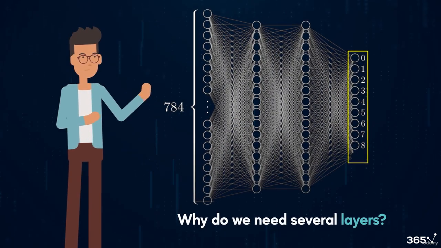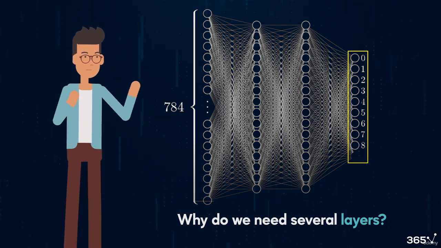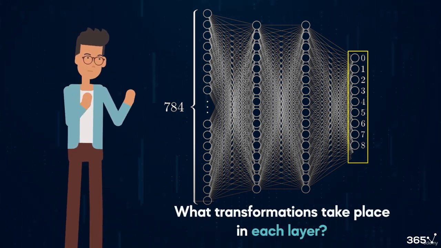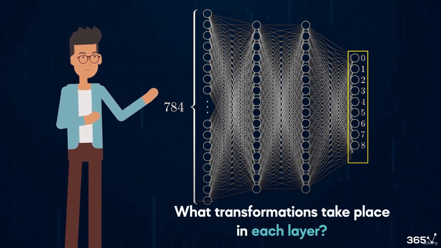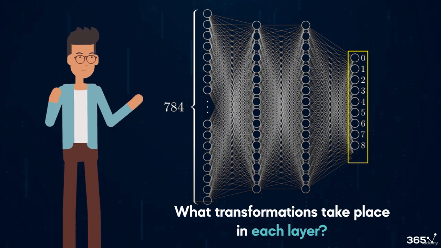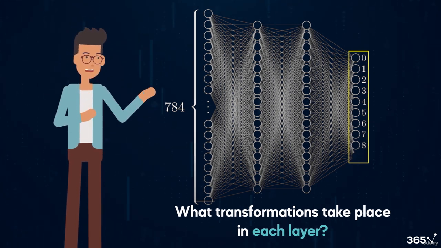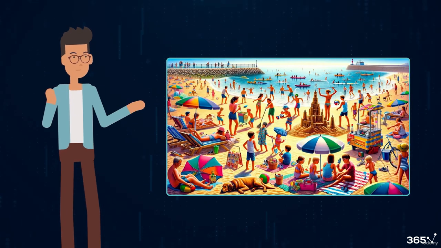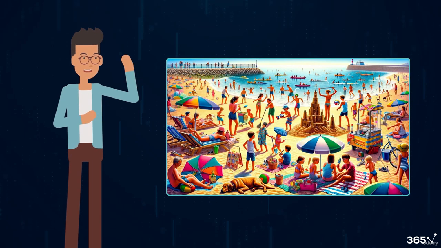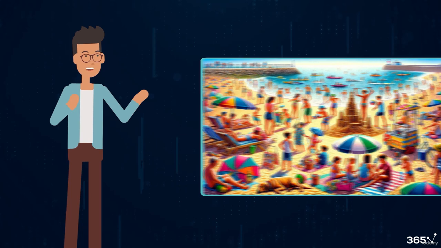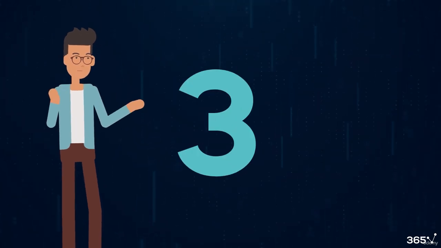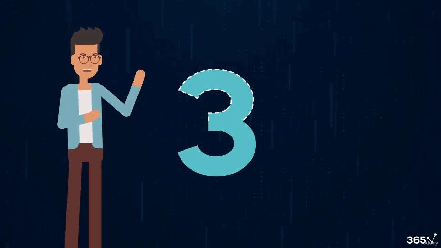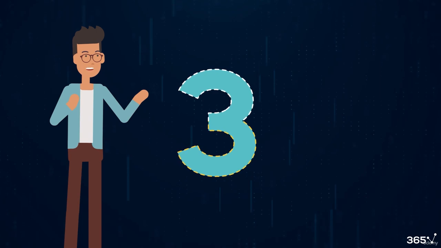So, why do we need several layers? What kind of transformations can we expect in each layer to end up with a system capable of recognizing the digits in a photo? Well, when we see an image in the background, our brain connects various components of what it is made of. For instance, the number 3 comprises 2 elements, a rounded top and a curved bottom.